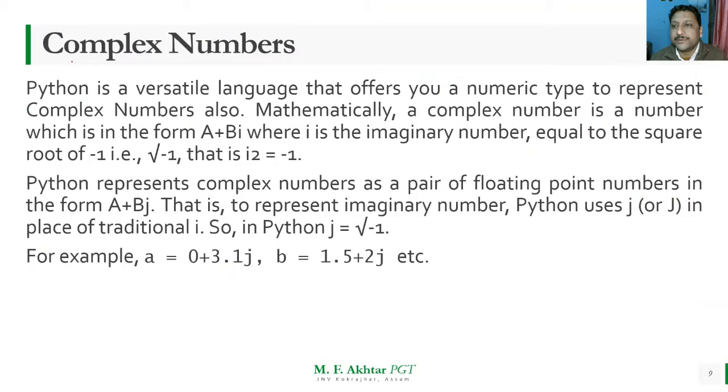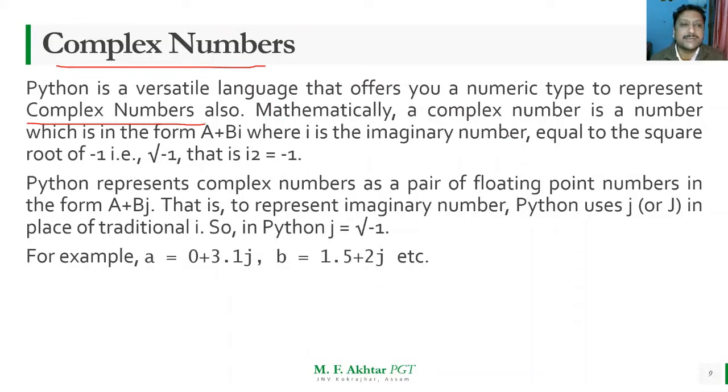Now, next one is the complex number. Python is a versatile language that offers a numeric type to represent complex numbers. So Python is very versatile, it is also possible to represent complex numbers. Complex numbers are mostly used in engineering work.